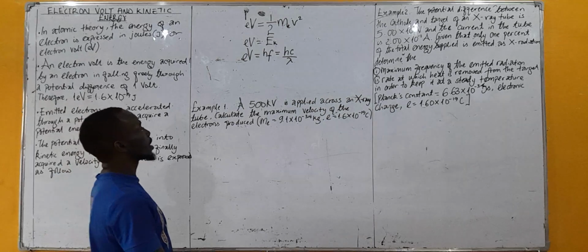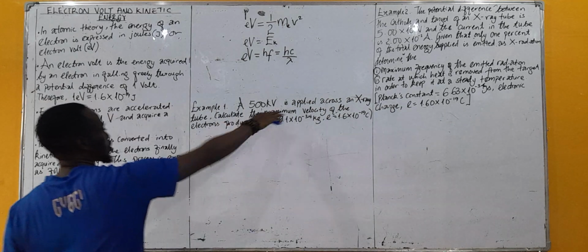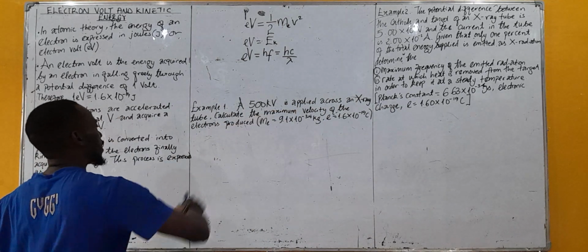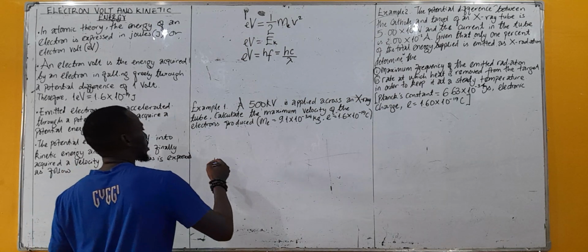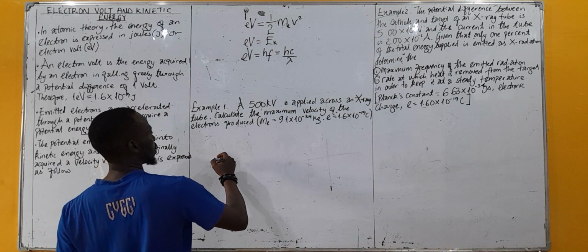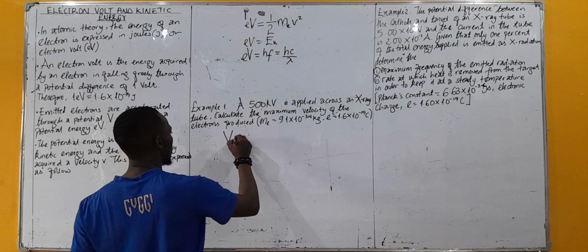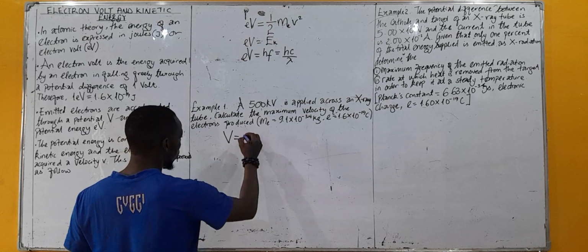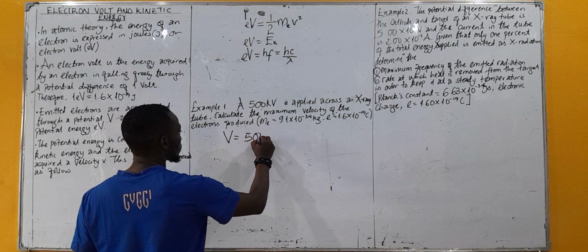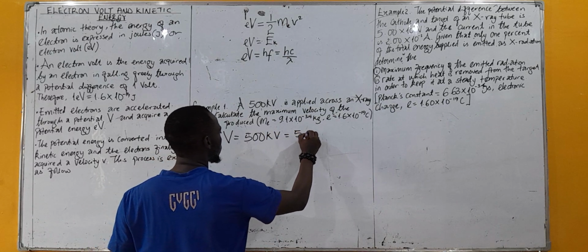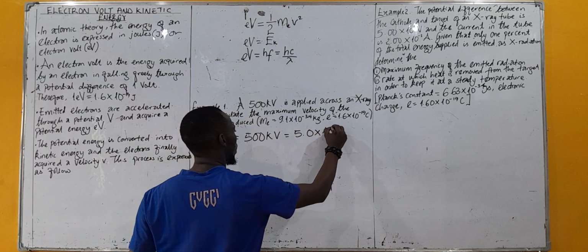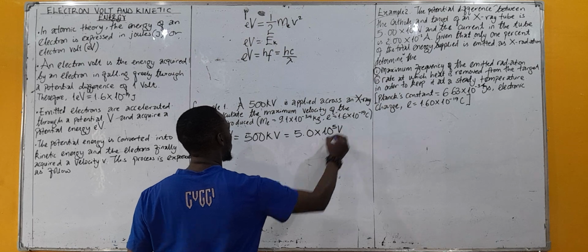Alright, having said all that, let's solve this question. A potential difference V equal to 50 kilovolts, which is the same thing as 5.0 times 10 to the power of 5 volts.